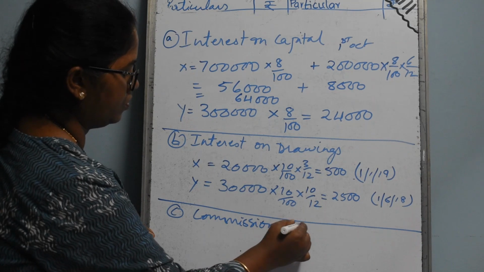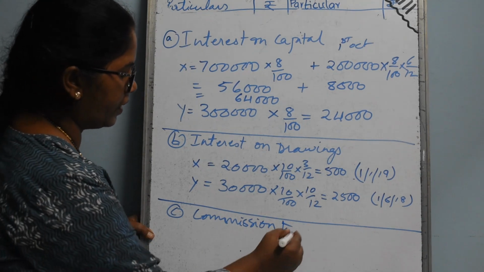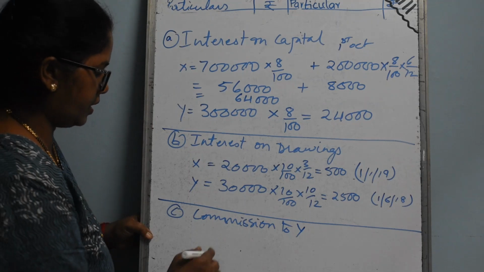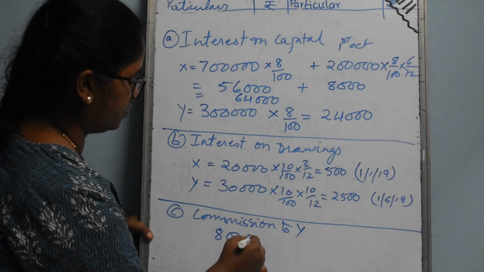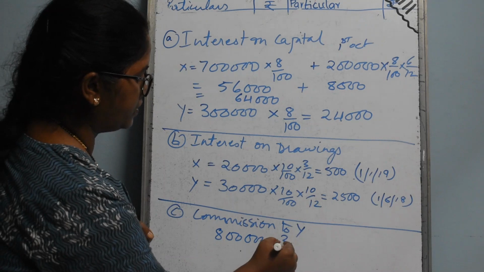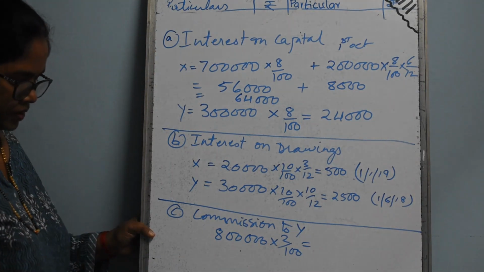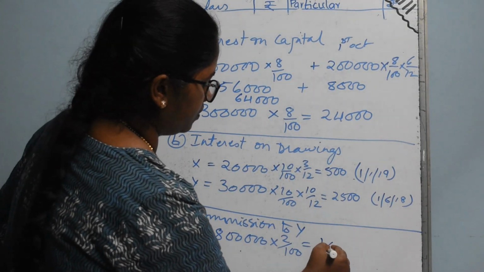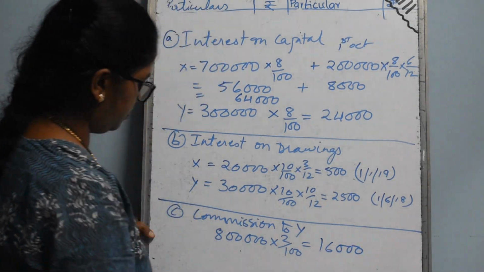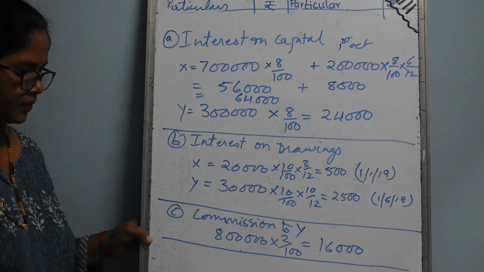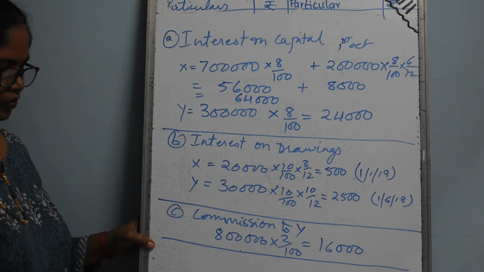The turnover is 8 lakhs, and 2% commission on that comes to 16,000. Then I will show you salary also. X is entitled to a salary of 4,000 per month.